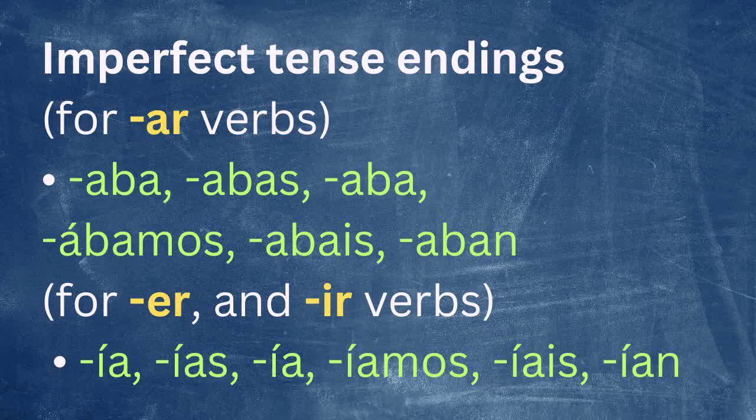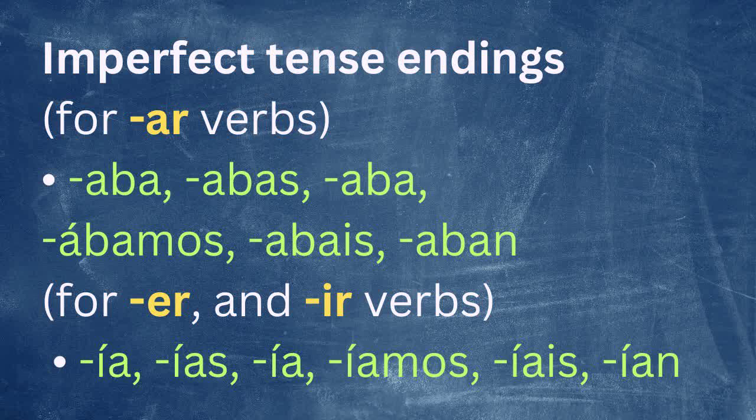To change a regular verb to the imperfect tense, you need to remove the -ar, -er, -ir ending from the infinitive form and add the appropriate imperfect ending. Here are the imperfect endings for these verbs.